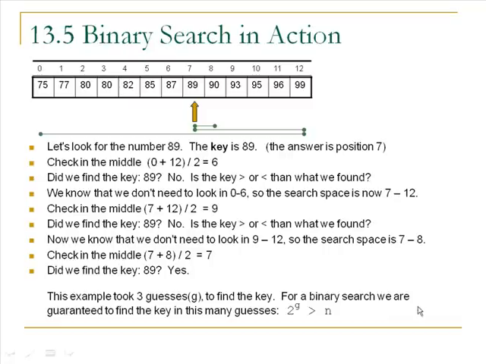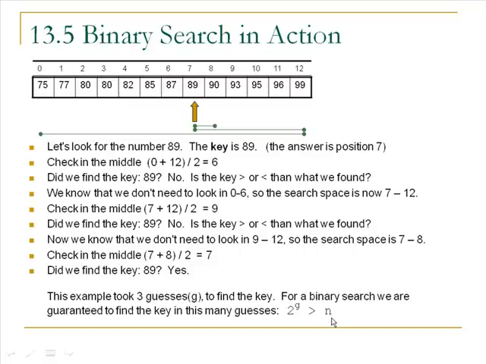So think about how many guesses or how many comparisons we have to do before we're guaranteed that we will find the answer. And it turns out that there is a way of measuring this. For a binary search, we're guaranteed to find the key where 2 to the power of g is greater than n.